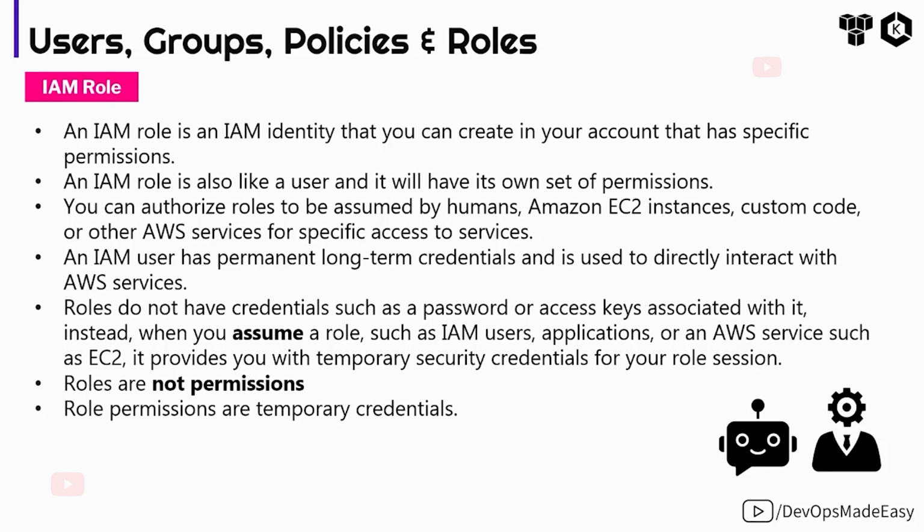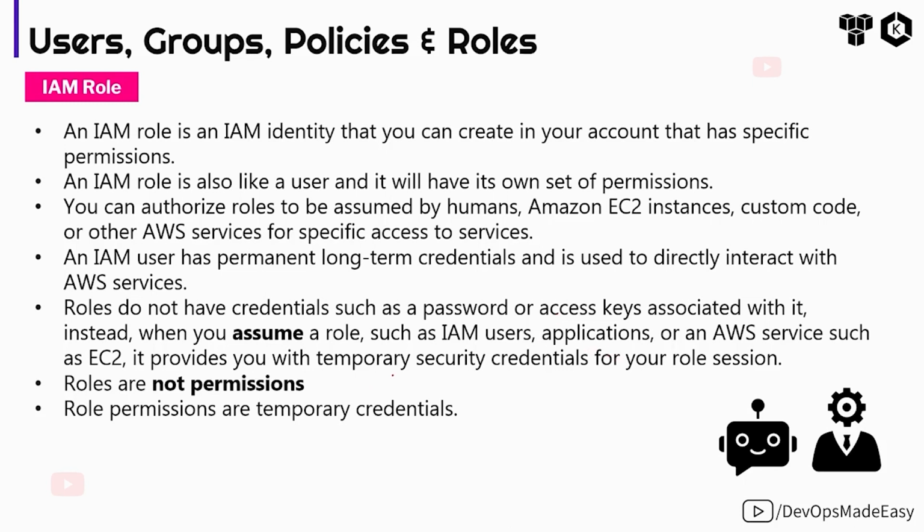So here, an IAM user will have credentials. Using those credentials, he can authenticate or interact with AWS services. But roles don't have credentials like passwords. Instead, they'll have certain temporary security credentials. But how will these credentials be given to a role?